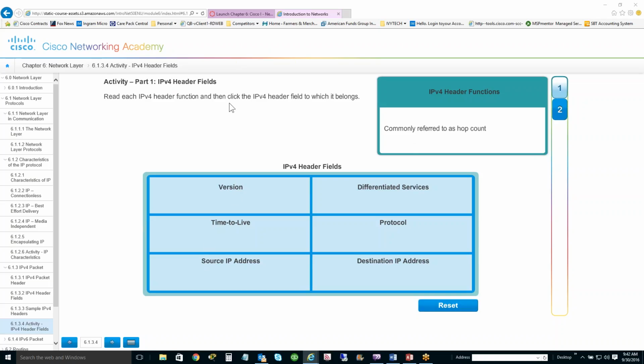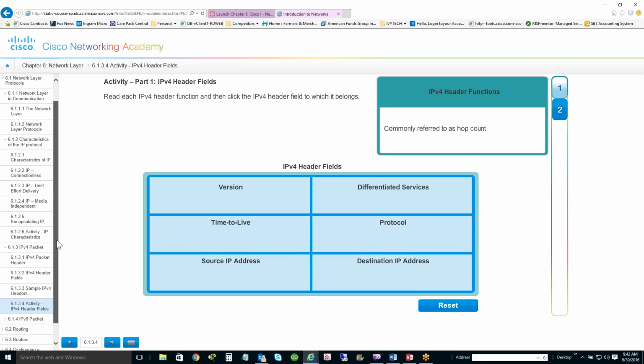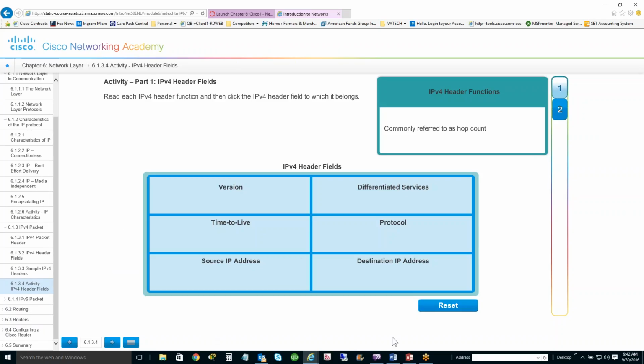This all gets tested pretty heavily in the exams, etc. So, for example, what's commonly referred to as hop count, that's time to live. Identifies the IP address of the recipient host. Well, that's going to be your destination address. Always set to 0100 for IP version 4. That's my version.